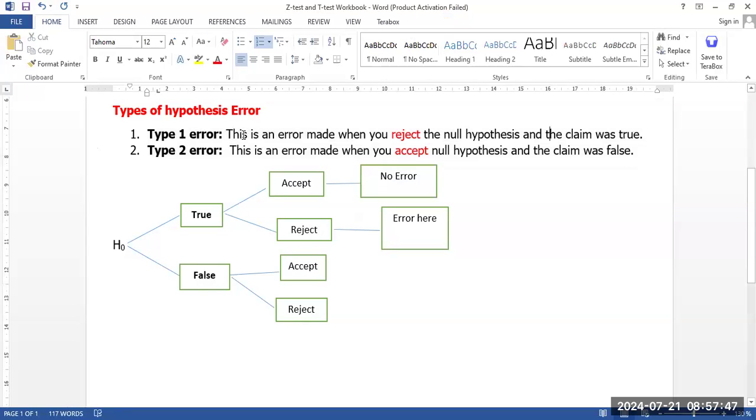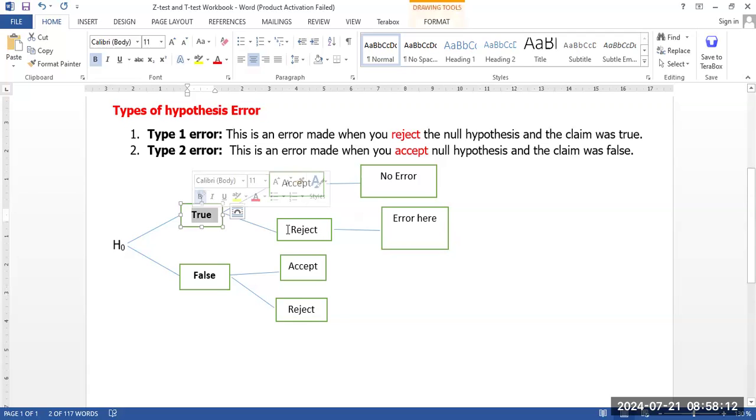So analyze these two errors. Here, type 1 error. This is an error made when you reject the null hypothesis. The null hypothesis is here. You are rejecting the null hypothesis, yet it was what? It was true. Are you seeing that, colleagues? So here, the null hypothesis was true, but you are rejecting.